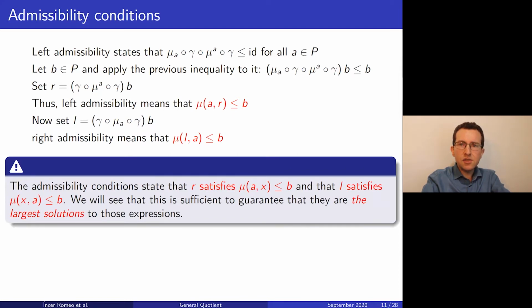The admissibility conditions require that R is an admissible solution to AX less than or equal to B, and that L is an admissible solution to X times A less than or equal to B. What we will see is that these are sufficient conditions for them to be the largest solutions to those expressions. So from preorder heaps, we are saving ourselves the effort of carrying out an optimality argument for those.